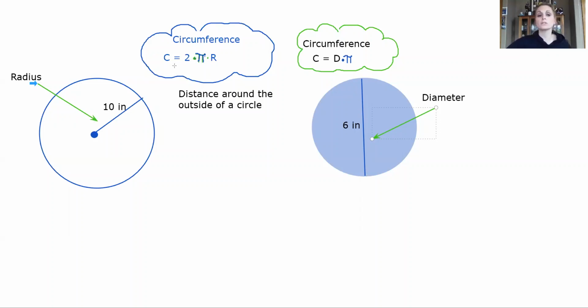We have the circumference, which is equal to 2 pi. Pi is equal to 3.14.